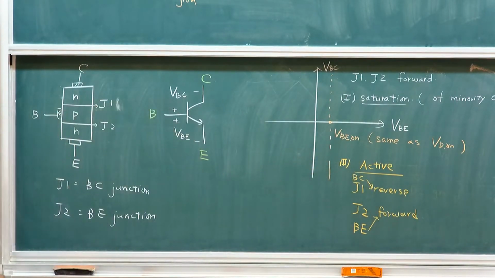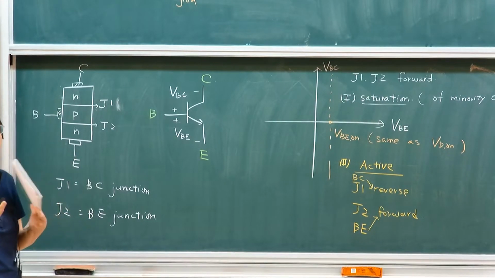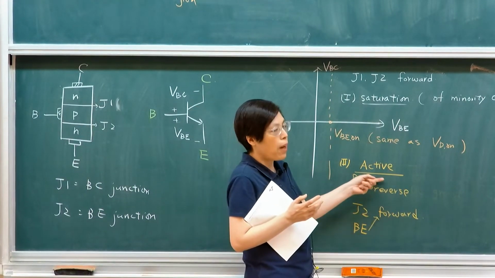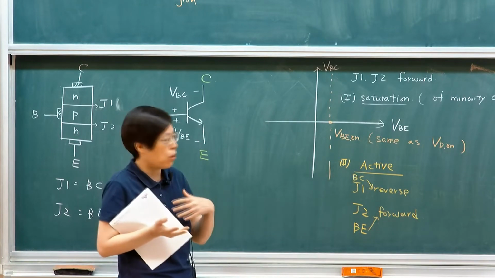Okay. So as I said, saturation is both junctions forward biased, minority carriers coming from both sides. Then your base will be flooded with minority carriers. Therefore, you're not actually promoting current flow. In this case, I'm forward biasing one junction and reverse biasing the other, meaning that I'm favoring directions as to where to go.